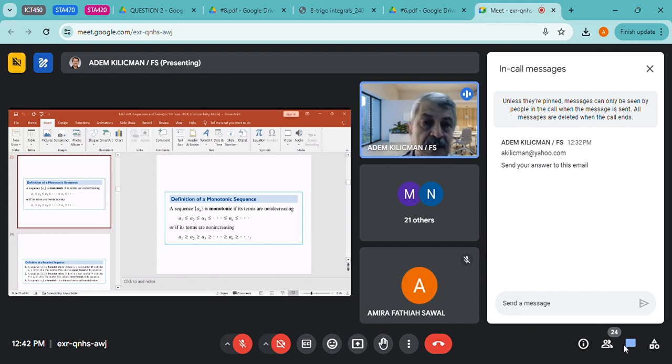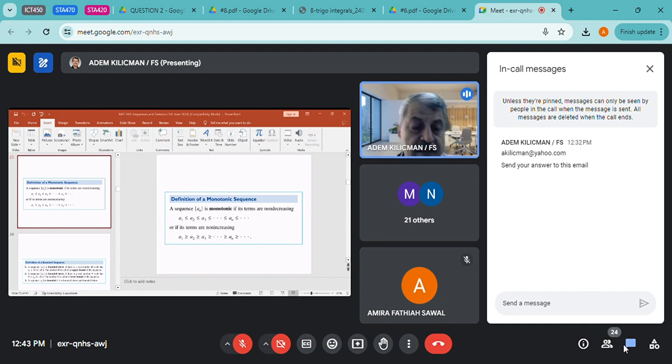So then we can try to see, for example, a_n is bounded above. You can see here, all the terms of the sequence are getting closer and closer to 1. So 1 is the upper bound for this particular sequence.